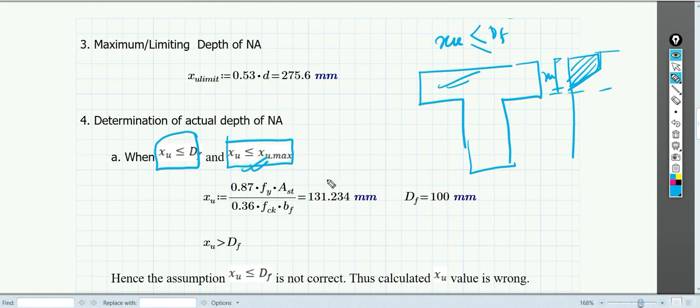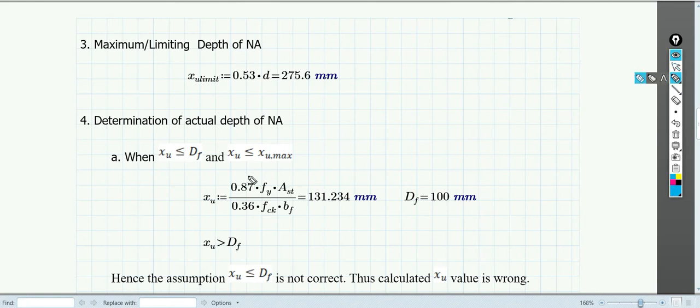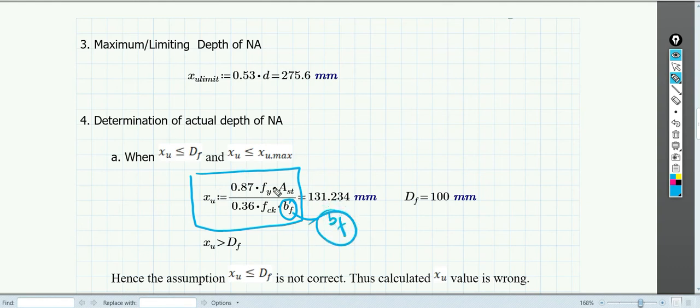If this is the condition, I think we have already discussed the equation for Xu, which is basically the same as what we had done for a rectangular beam. The only difference is that b changes to bf, the flange width. If you put in the values, with Ast the area of steel, we get Xu as 131.234. But what is Df?